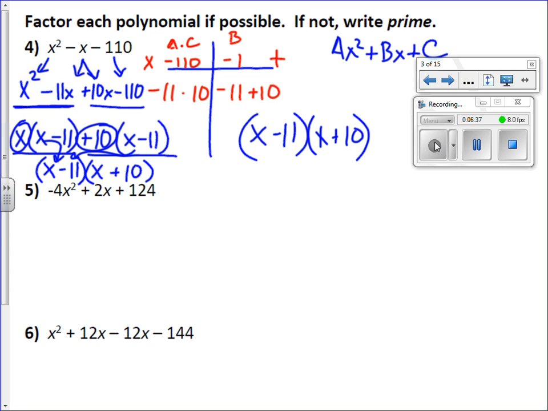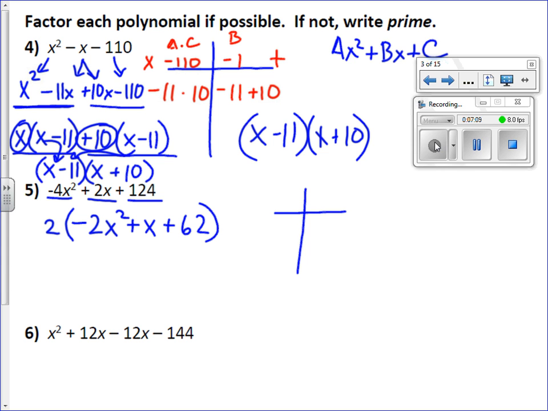Number 5, we'll go through the same process, except if we look at the numbers, they all are divisible by 2. So we can decrease the size of A, B, and C by dividing everything by 2. So we get negative 2x squared plus x plus 62. We'll go through the same process we went through above.